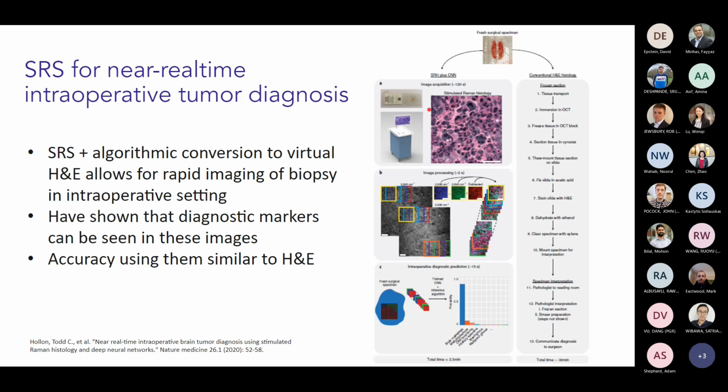That can take of the order of 30 minutes or so, which is quite a long time in an intraoperative setting.